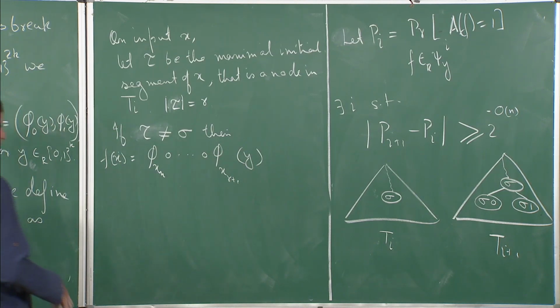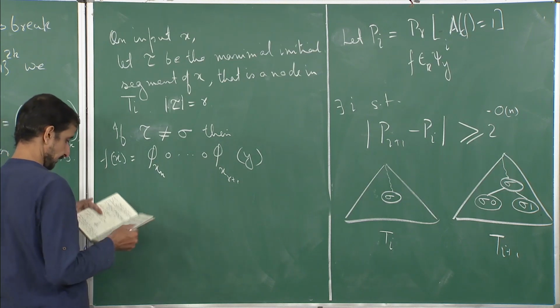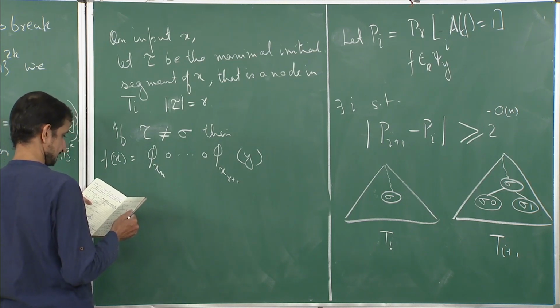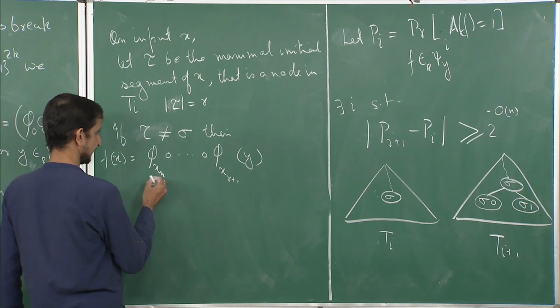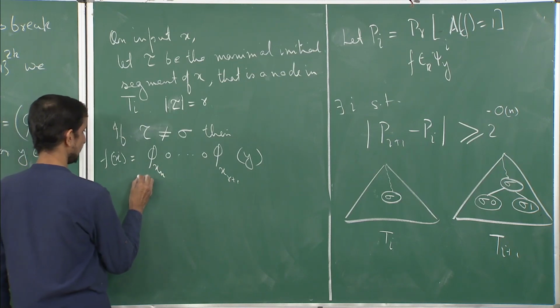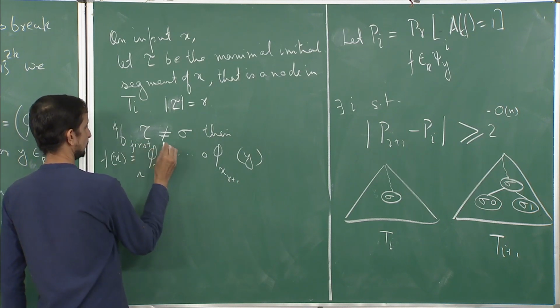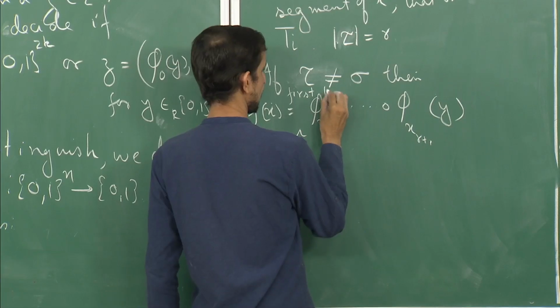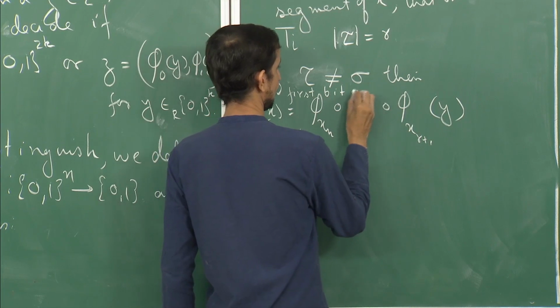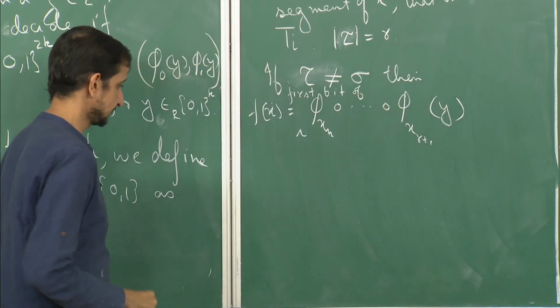So f of x is defined in this way, and once again, it's the first bit of this string.